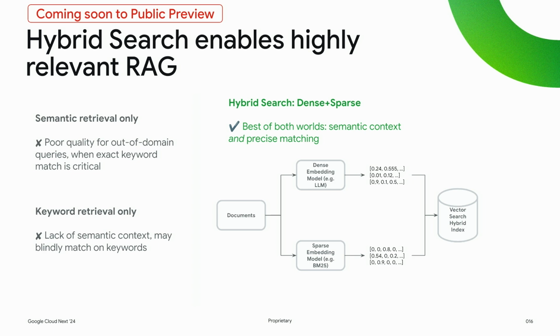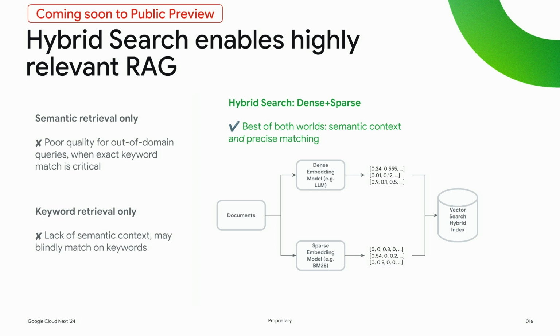Because they model that semantic similarity between pieces of text. But embeddings have a limitation on their own. In cases where precise retrieval based on keywords is important, embeddings might not be able to provide the required accuracy.